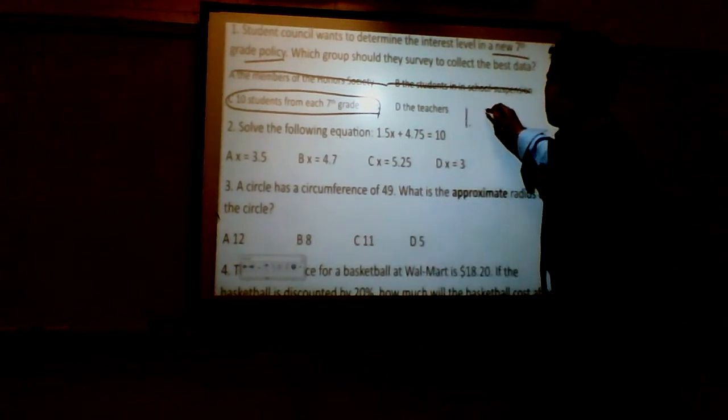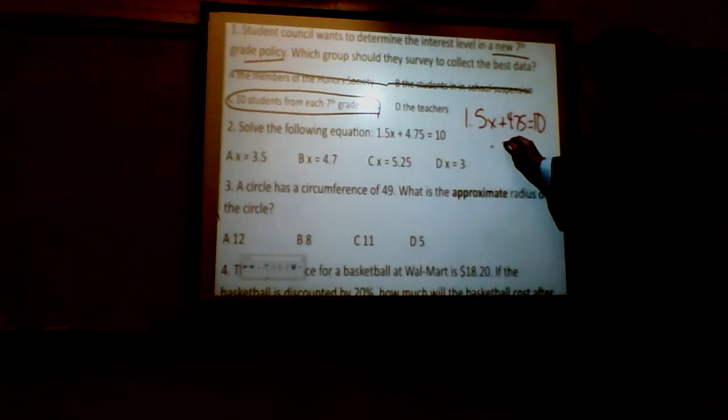We know that 1.5 times x plus 4.75 is the same as 10. Our goal here is to get that variable x by itself. The first thing we should do is get rid of this plus 4.75 by doing the inverse, which is taking it away.